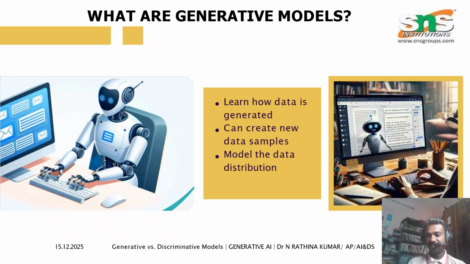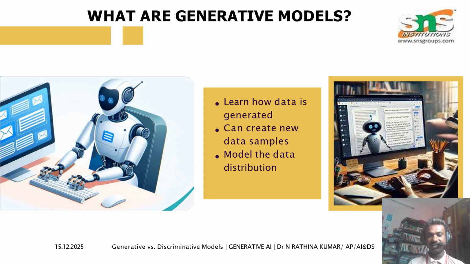How does it learn? It learns the underlying probability distribution of the entire dataset, and based on that it can generate. The main tasks of this model are creation, simulation, and content generation.